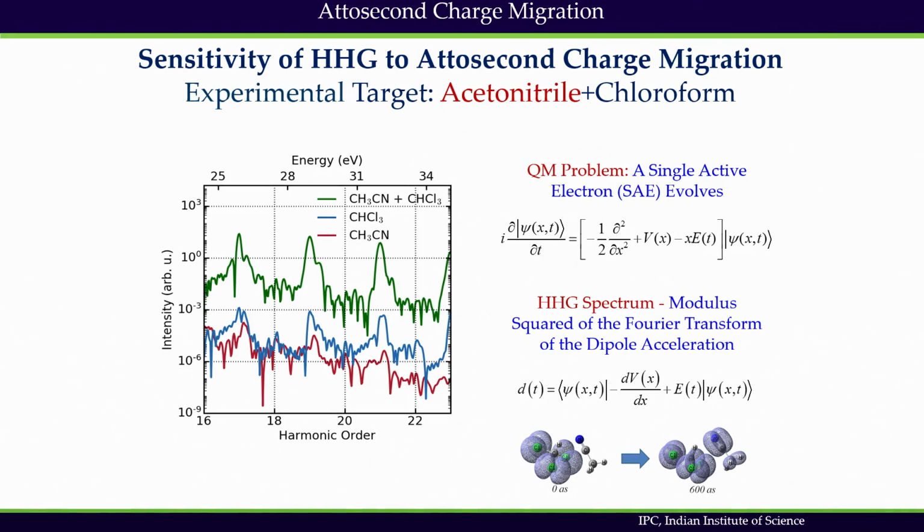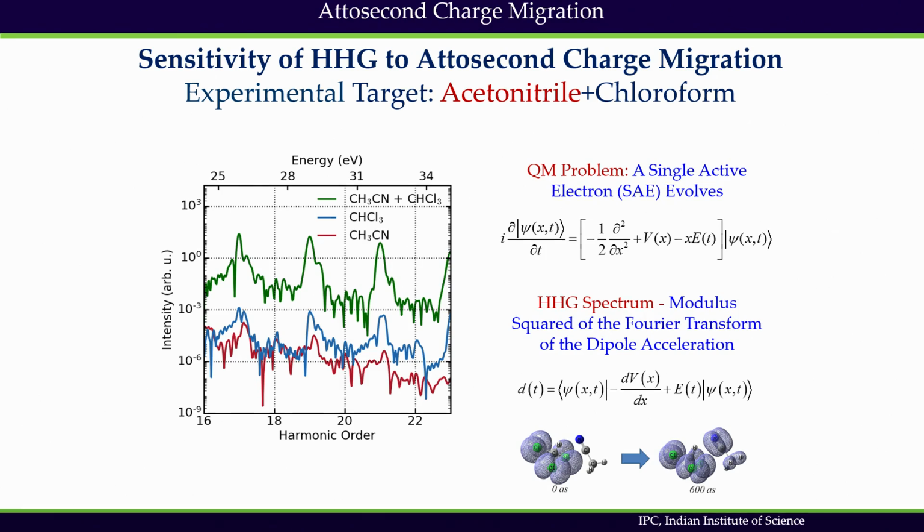Second point which we should clarify is that, okay, if it is not pure pressure dependent phase matching, then what is contributing to that enhancement? To understand it, we use simulation based on the quantum mechanical time dependent Schrodinger equation, and the problem is a very simple quantum mechanical problem.